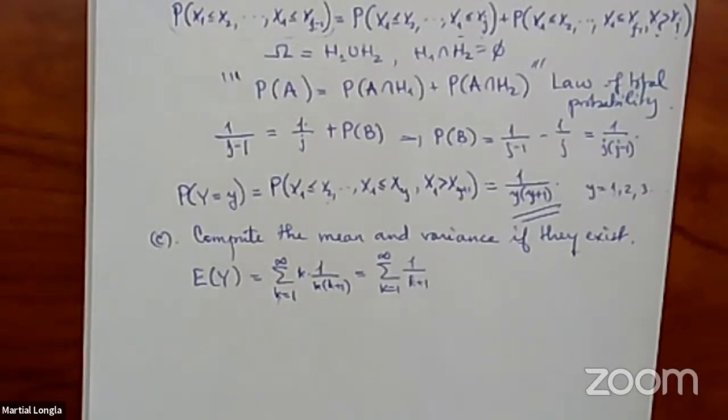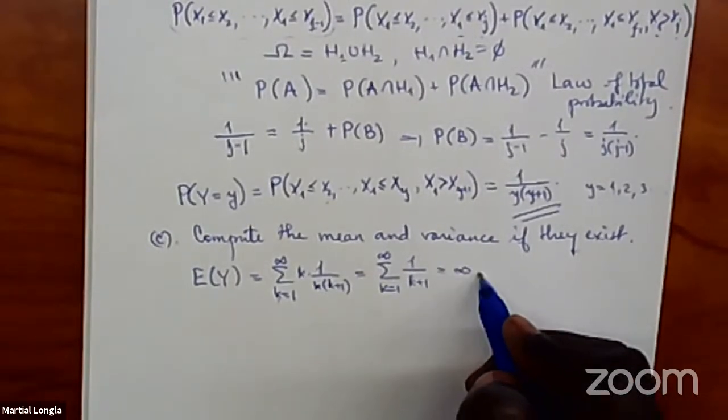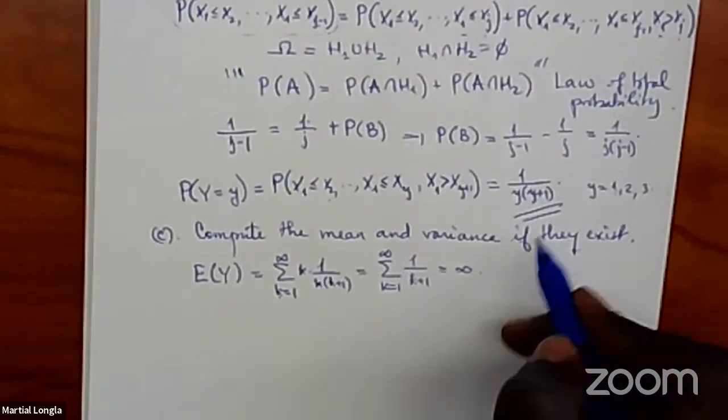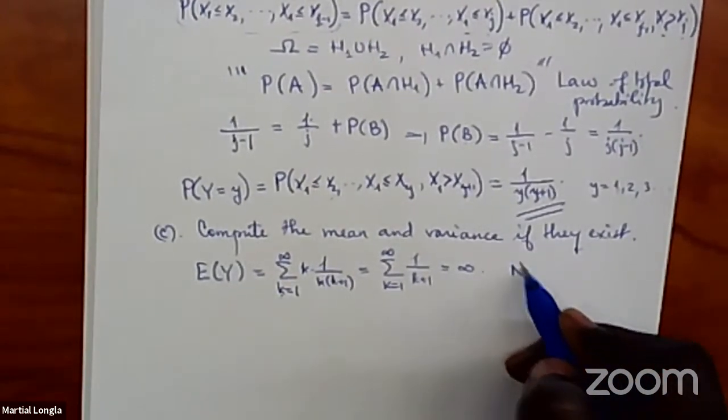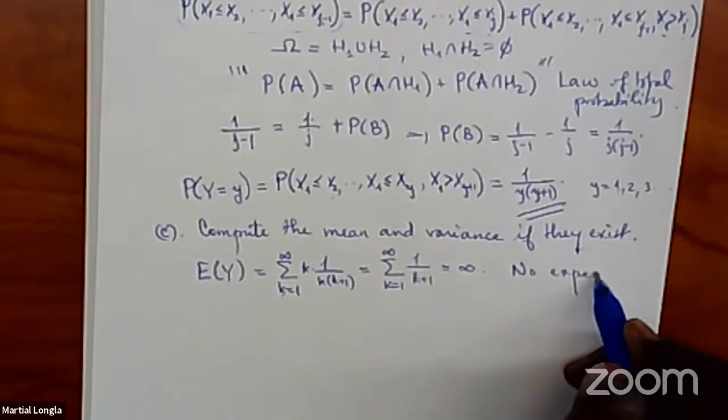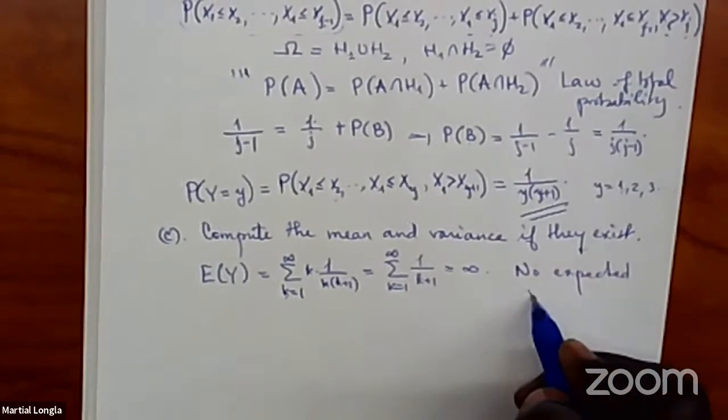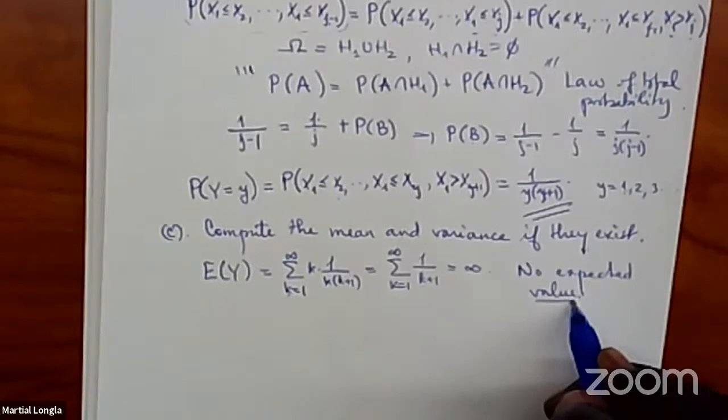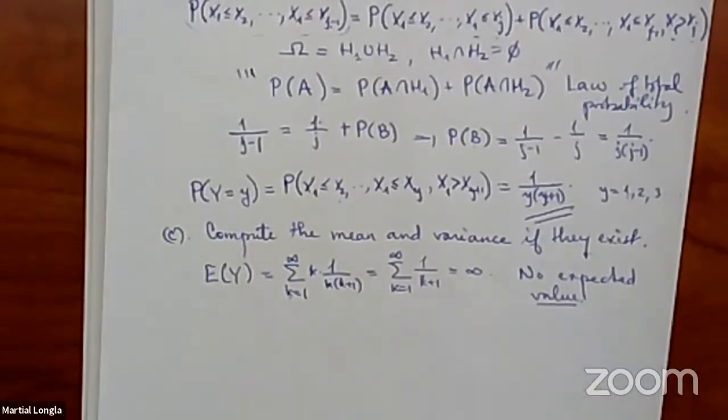Is this sum finite? No. So this is infinity, so no expected value. I guess you remember the definition of the expected value states that the expected value exists when the integral or the sum of the absolute value times the probability is finite. And if you compute this one, you get infinity.